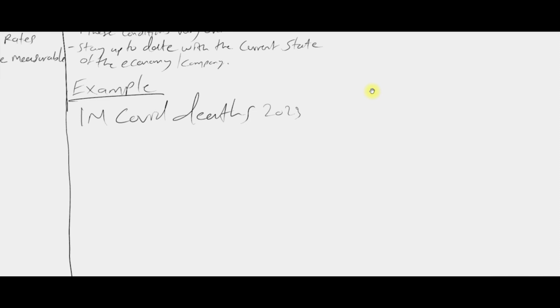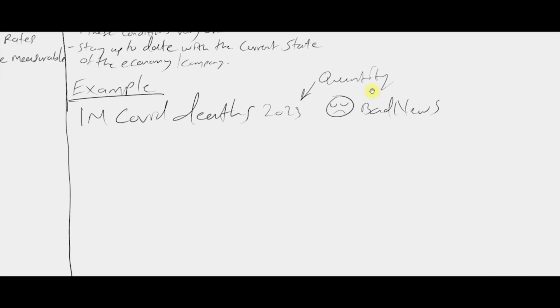That's just the quantity, the number of deaths, just as it is, and that's bad news. Very sad news. Let's put an emoji here. 1 million COVID deaths in 2023 so far.